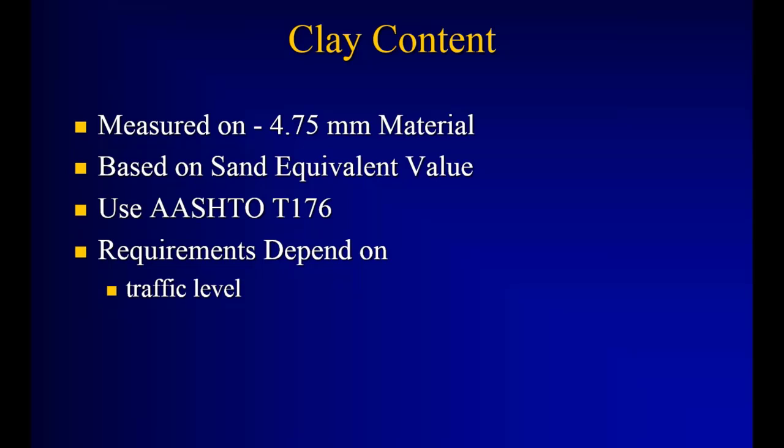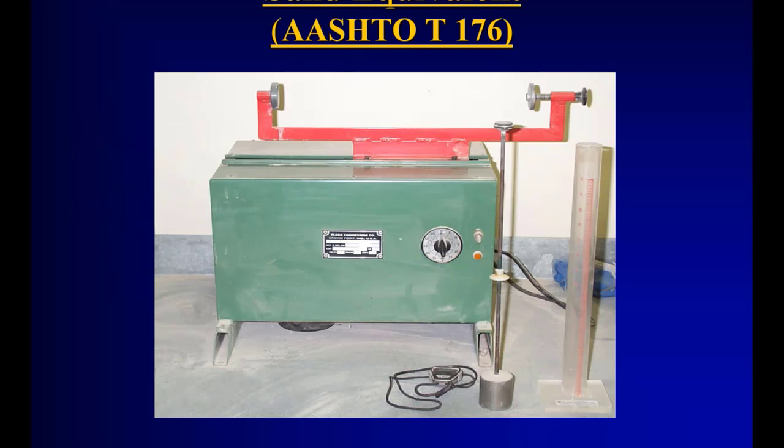Then liquid limit PI is kind of an empirical test. Don't get me wrong, it's worked well for 80 or 90 years, but if you've ever run that before, it's really operator sensitive and testing sensitive, and sand equivalent or clay content was a way to use that.